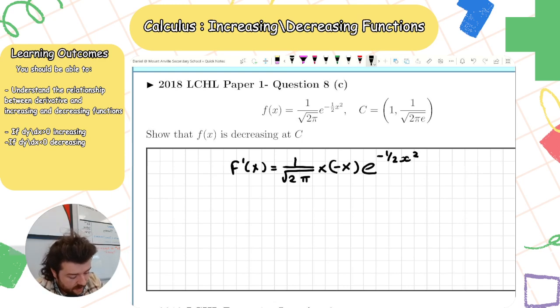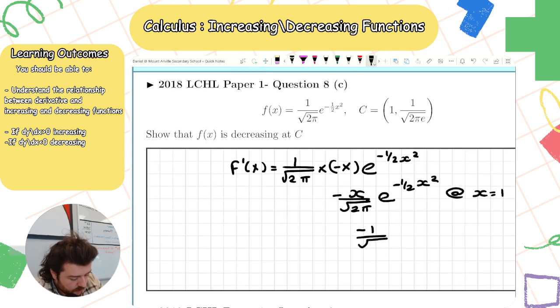So I have here minus x over root 2 pi e to the power of minus a half x squared. Evaluate that at x equal to 1. So I have minus 1 over root 2 pi, and then that's going to be equal to e to the power of minus a half times 1, which is just minus a half.